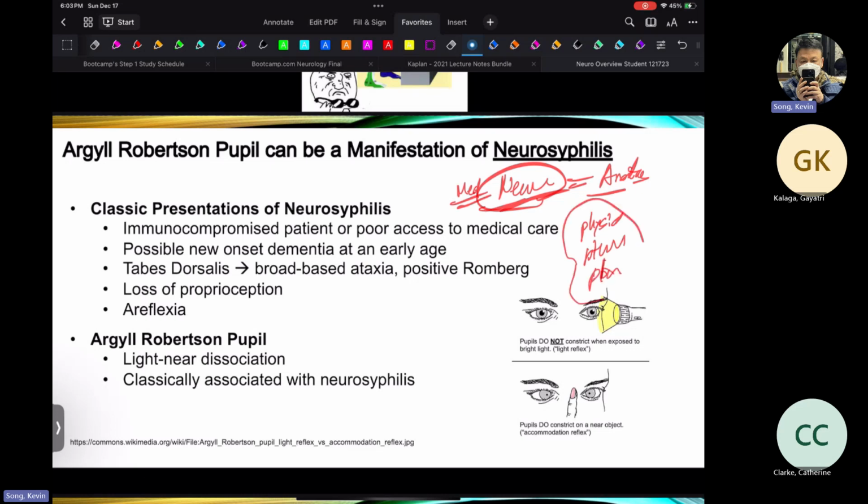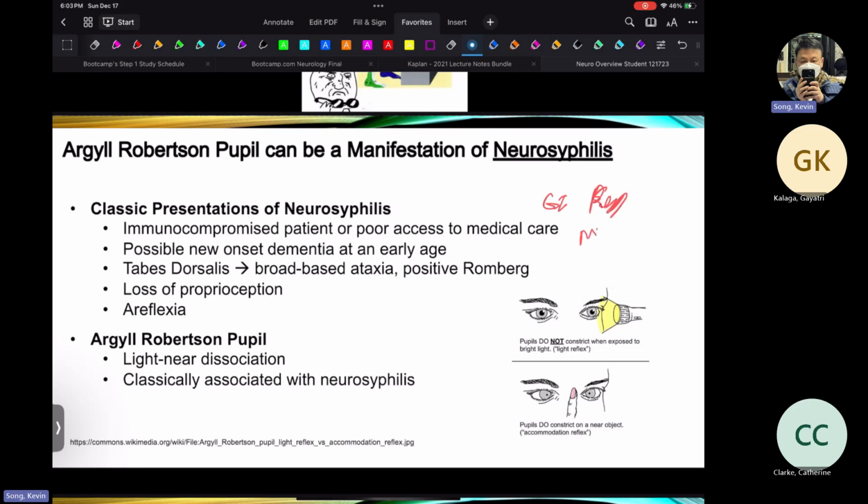There's also micro, but the more important things are physio and pharm. Micro is also important, but compared to other systems like GI and respiratory, which are very heavy in micro, in neuro there is some micro, but not very heavy.